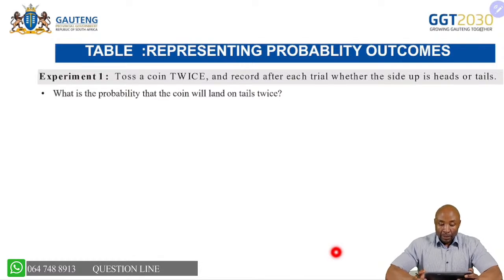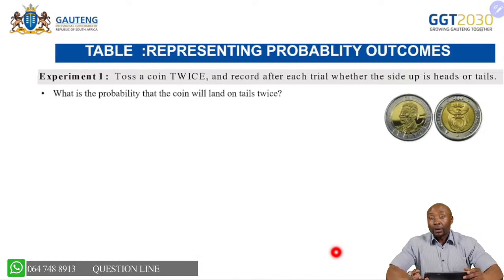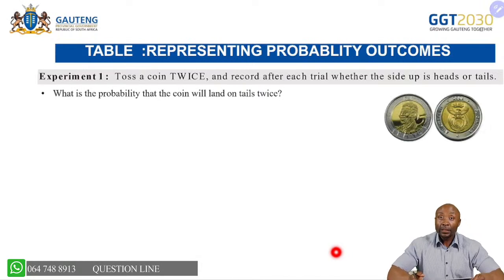I have an example: we toss a coin twice, and after each trial, we record which side lands up. What is the probability that the coin will land on tails twice? So there is our coin with the head and tails.